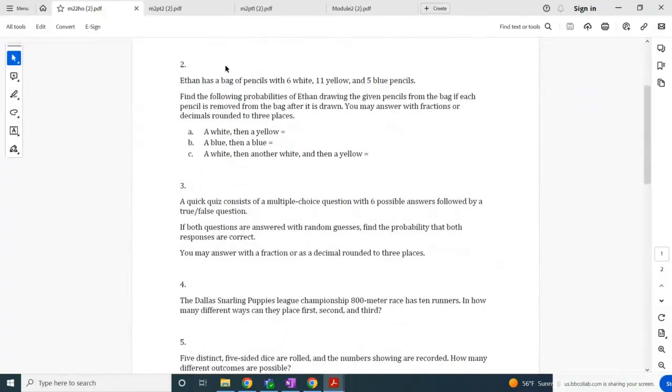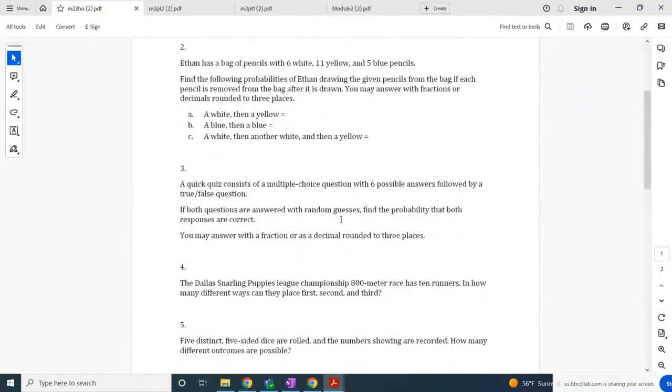We want to take a look at number 3, then number 5, and then we'll talk about the contingency table. That'll sort of wrap up the first part of Module 2.